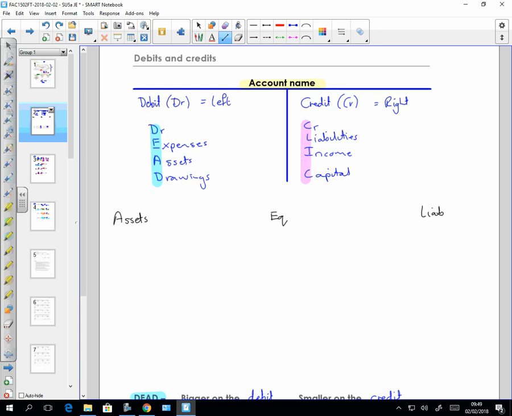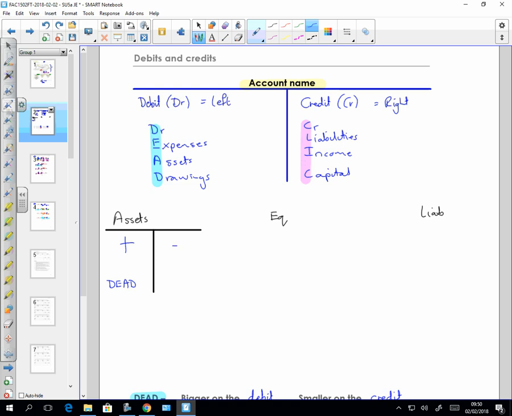So if we've got a T account, that T account could be any asset: bank, debtors, equipment. You've learned your assets, non-current or current. All those accounts fall under Dead. So we are going to debit expenses, assets, and drawings to make them bigger.